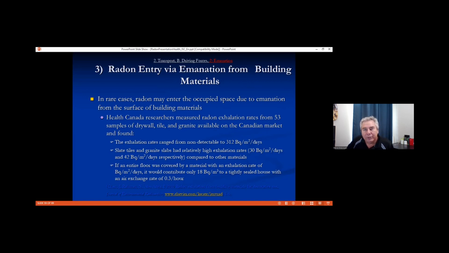But if you're measuring for radon and you put your measuring instrument directly on top of a granite countertop, as an example, or on top of the mantle of a fireplace, that may bias your readings. So you may actually get higher readings than normal.